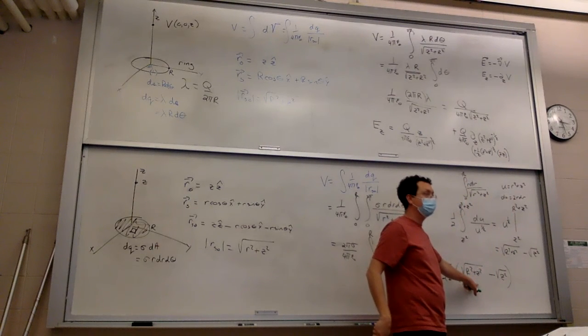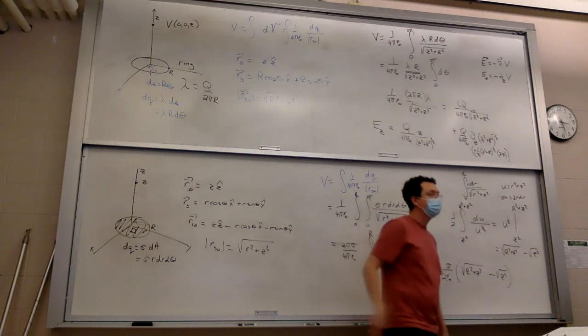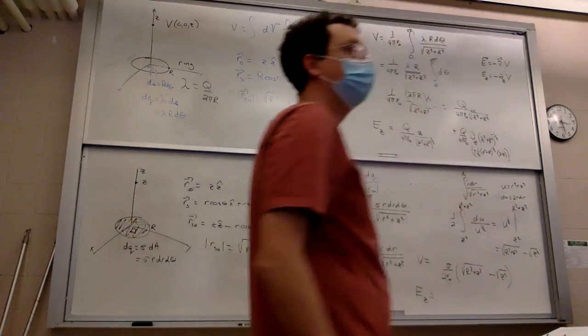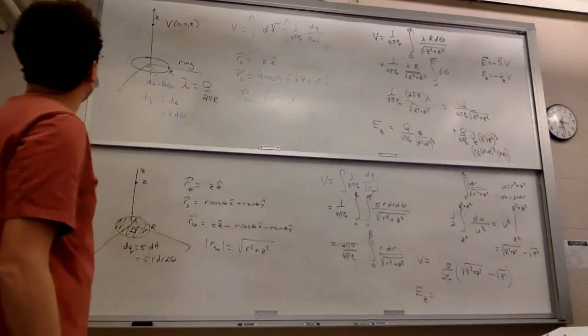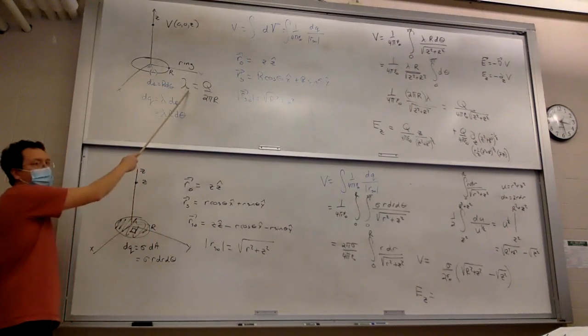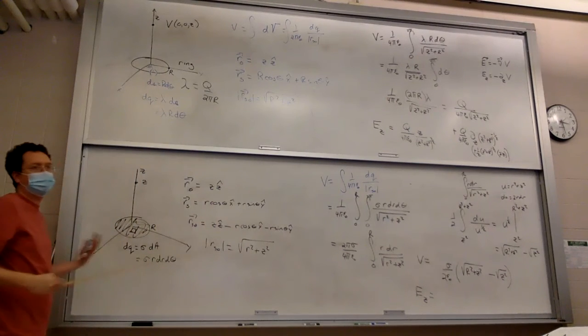Everything else is constant. What I was thrown off on is the last question you had, lambda equals q over 2 pi r. I don't know if there was some variation of that for this question. Well, this is a 1D problem, so that's why you have lambda. Whereas here it's 2D, so it's just different.